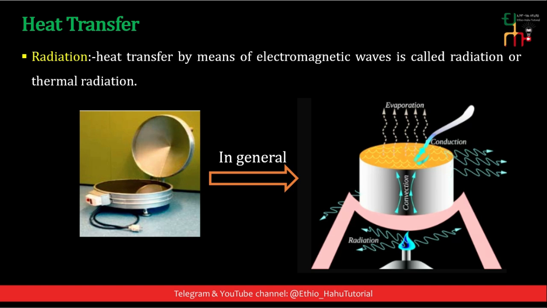If we hold our hands above this surface, heat will reach our hands by natural convection or free convection. But if we hold our hands by the side of this system or below this system, energy will reach our hands, and this energy transfer is known as radiation heat transfer.